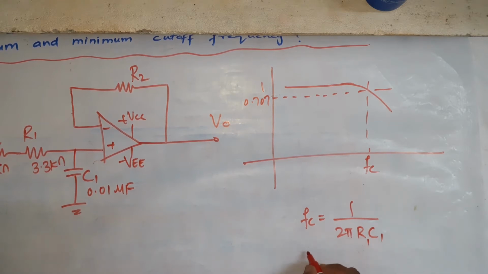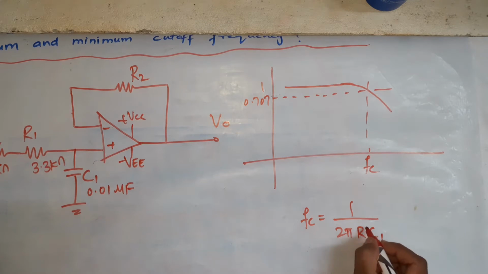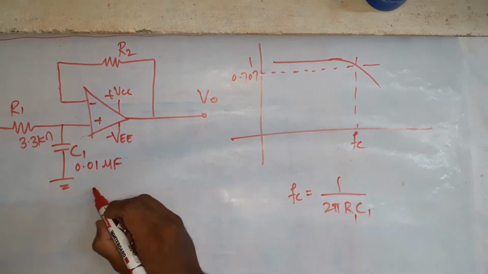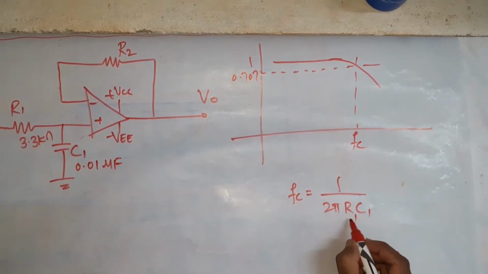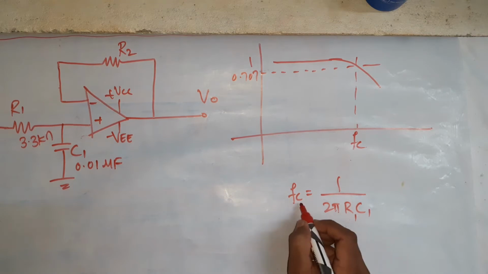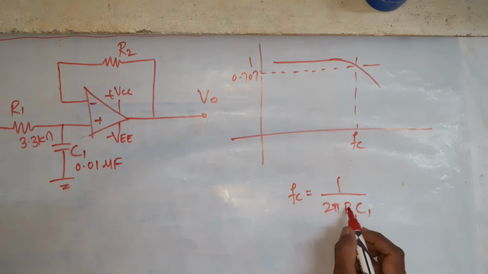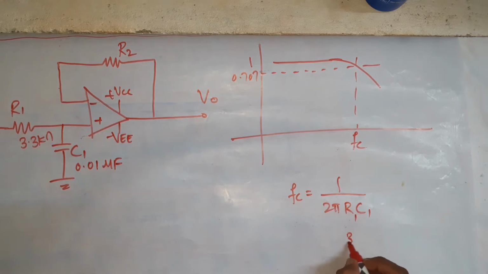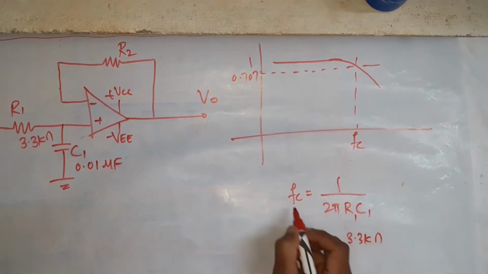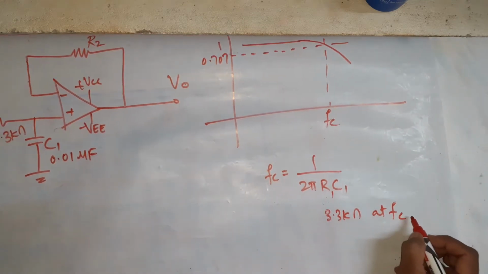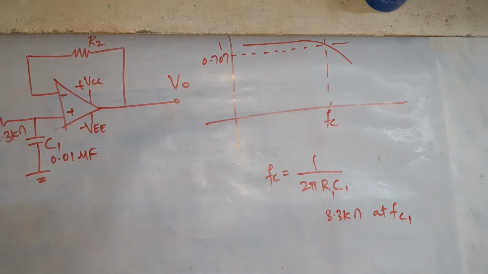Now if your resistor varies, will your frequency change? Let me keep the capacitor constant at a particular value, 0.01 microfarad. When resistor R1 changes, your cutoff frequency is going to vary, isn't it? If your resistor R1 is 3.3 kilo ohm, this will give you a cutoff frequency, let me call it FC1.